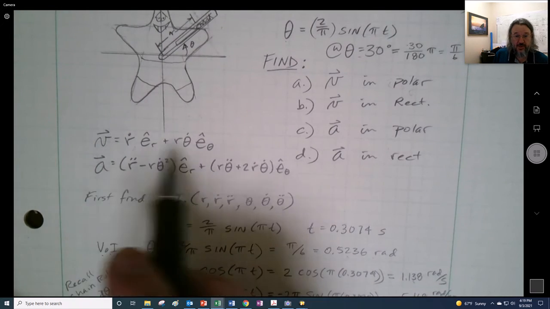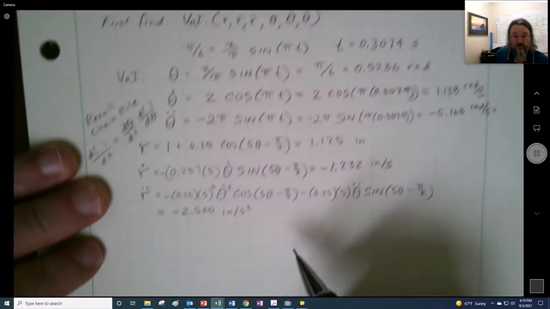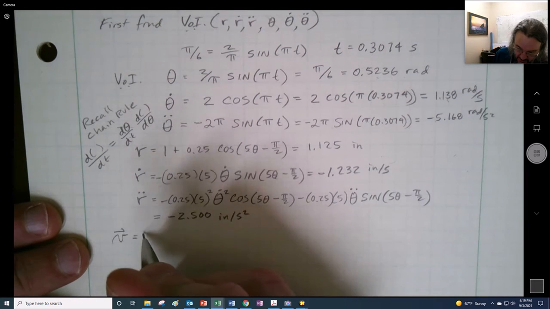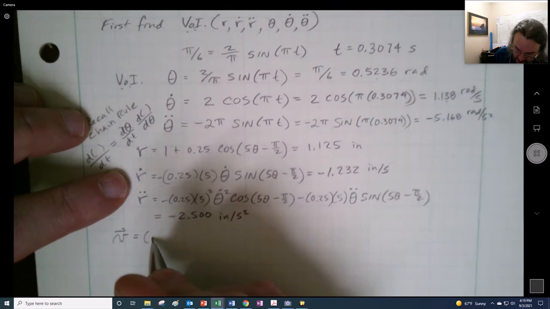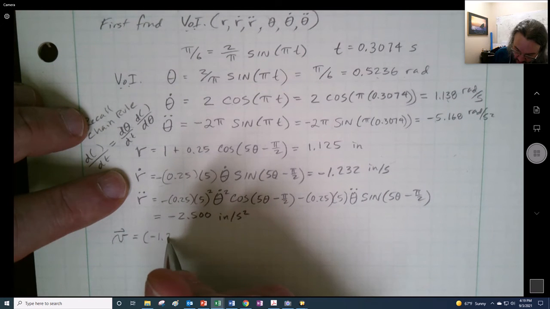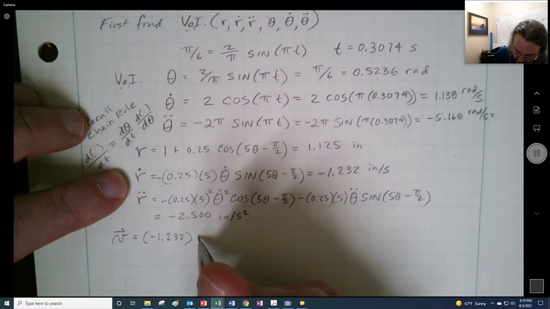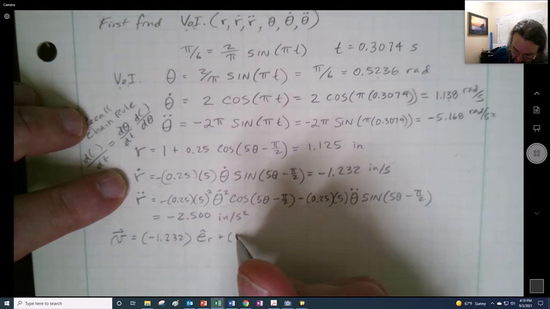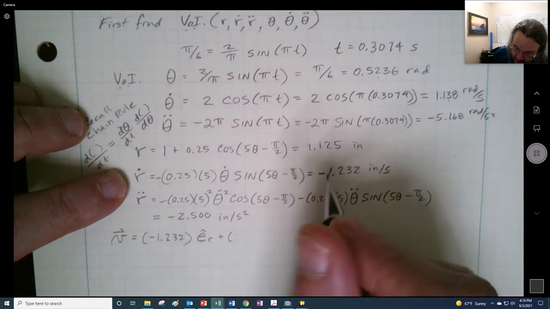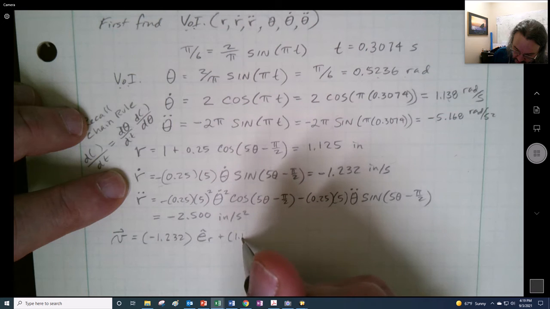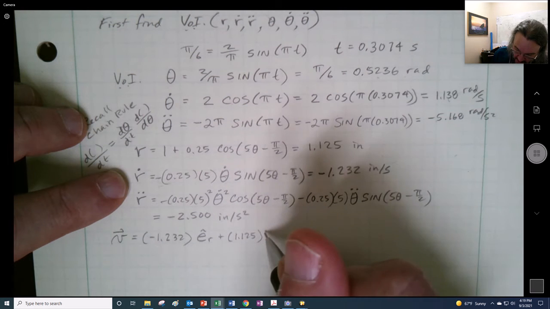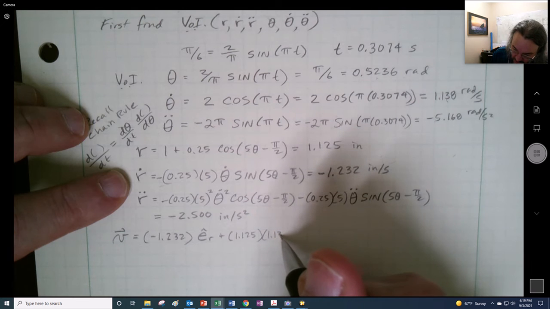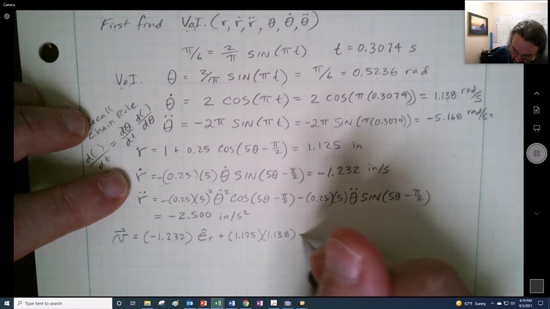I can plug these back into those main equations and find my velocity. First, the negative 1.232 with the r dot, and then r, which we found to be 1.125, times my theta dot, which we got to be 1.138, e theta.